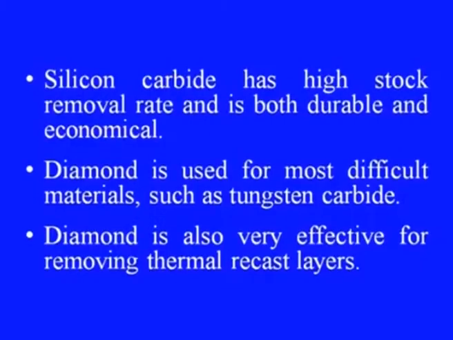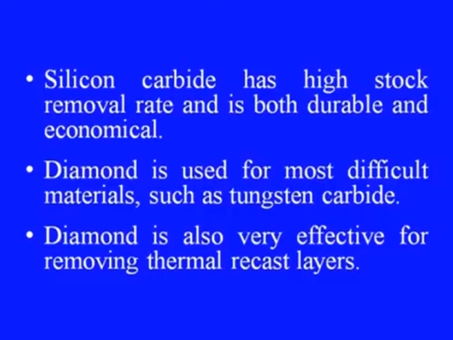However, boron carbides are used in machining some hard materials, but they are very expensive. Silicon carbide has a very high stock removal rate and is both durable as well as economical. Diamond is also used in this process as an abrasive material.